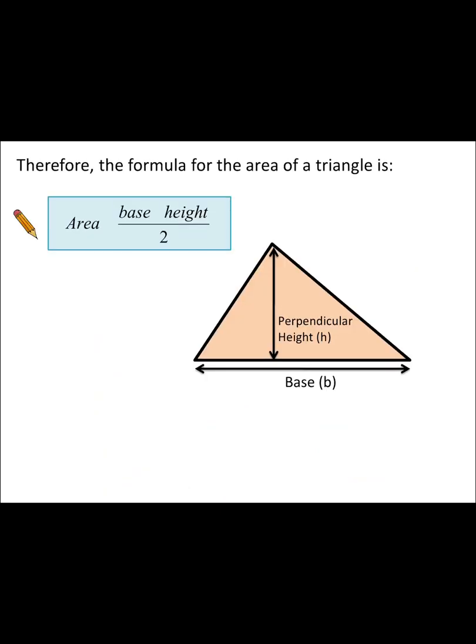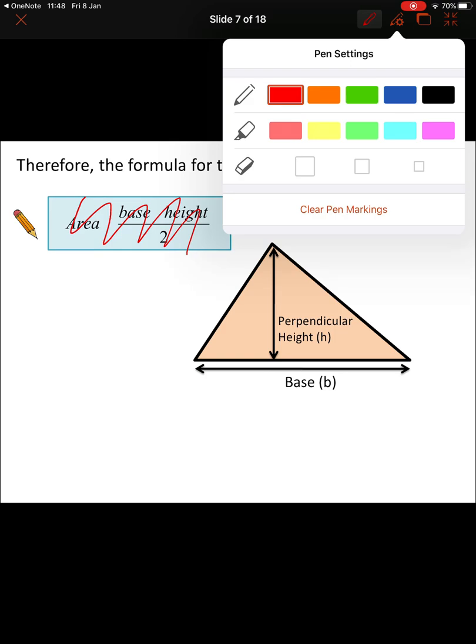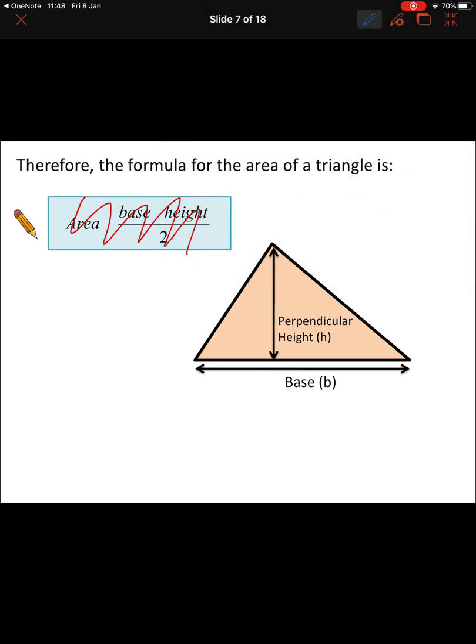Okay? So let us formalize this, okay? Put it in different language. The first bit, guys, is rubbish. Don't copy this down. I'm going to rewrite this underneath, okay? So the area can be found by doing this, okay?